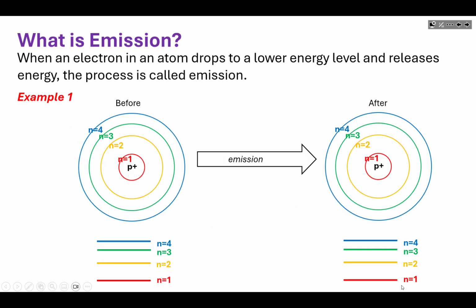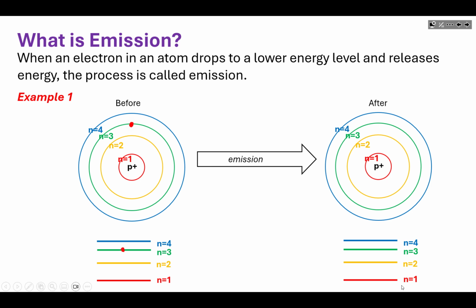Next point is, what is emission? When an electron in an atom drops from a higher energy level to a lower energy level, the process is called emission. So let's look at a before and after. Let's say that at some point before this, we had added energy to an H atom, and the electron, because of that, is in the n equals 3 level.